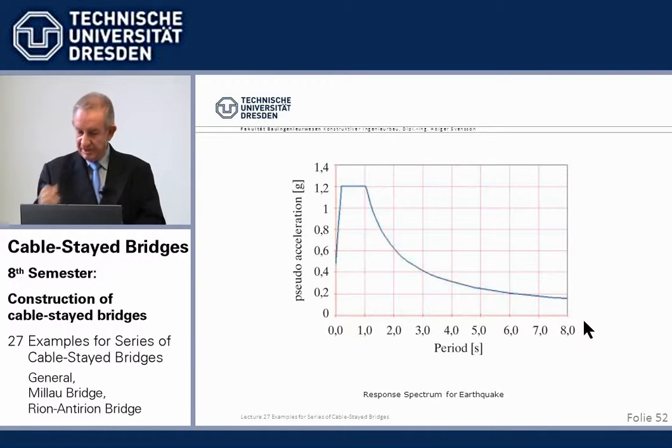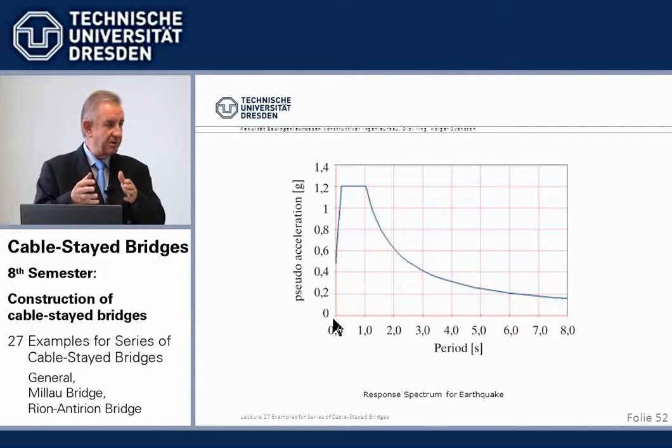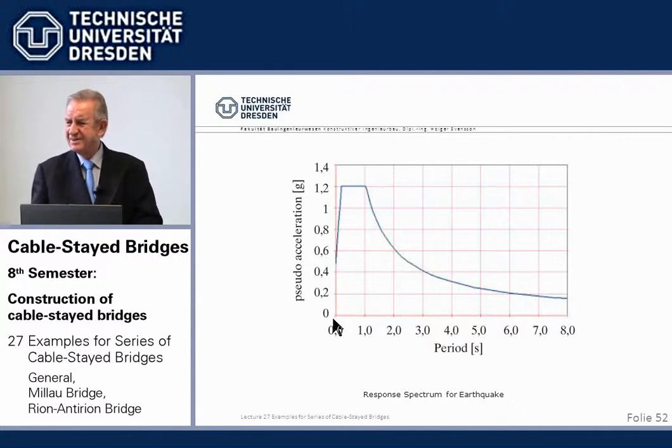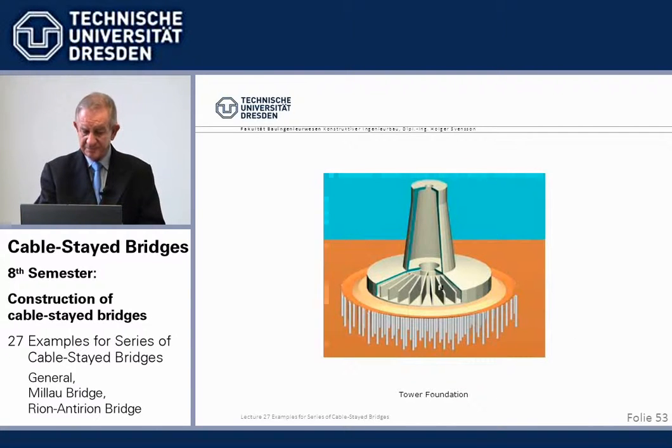And of course, that varies quite a bit with the periods in which the Earth shakes. Even for the same acceleration, it depends how close we come to the eigenfrequencies of this pendulum. So, just to make you understand what we talk about if we talk about a response spectrum, that's what it is. It's quite high.